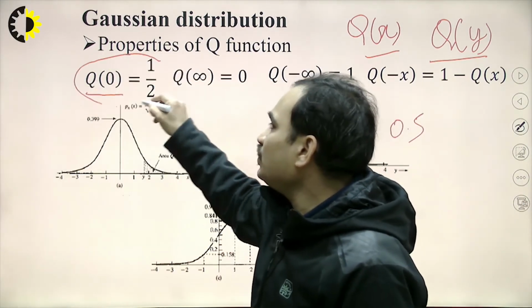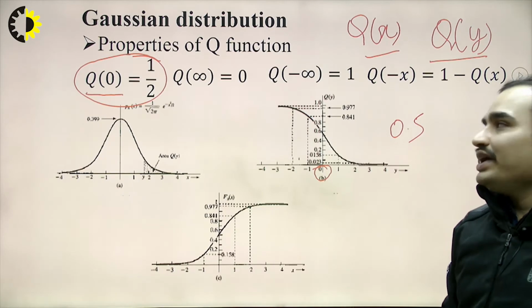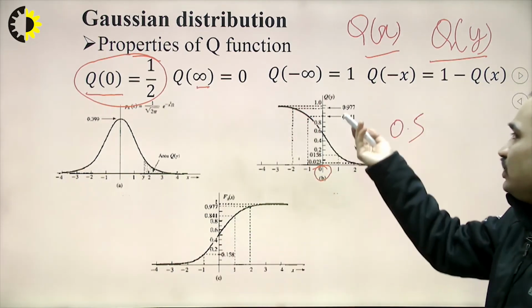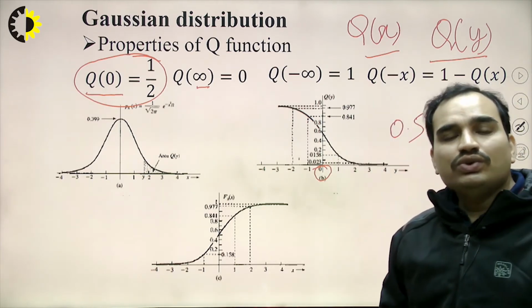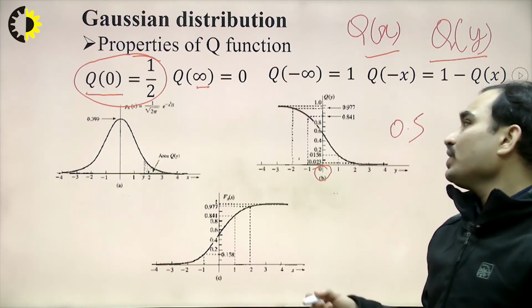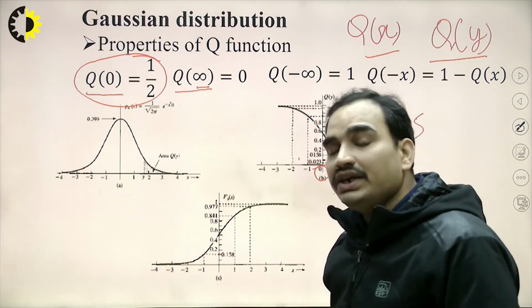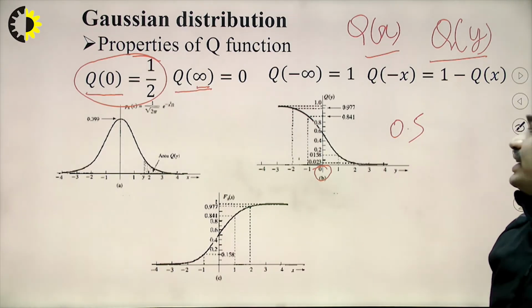So we are writing that at x equals 0, the value of the q function is equal to 1 by 2. Similarly, at x equals infinity, or y equals infinity, if you are using the variable y, whatever variable you want to denote, you can use accordingly. The value of the q function for x equals infinity is 0.